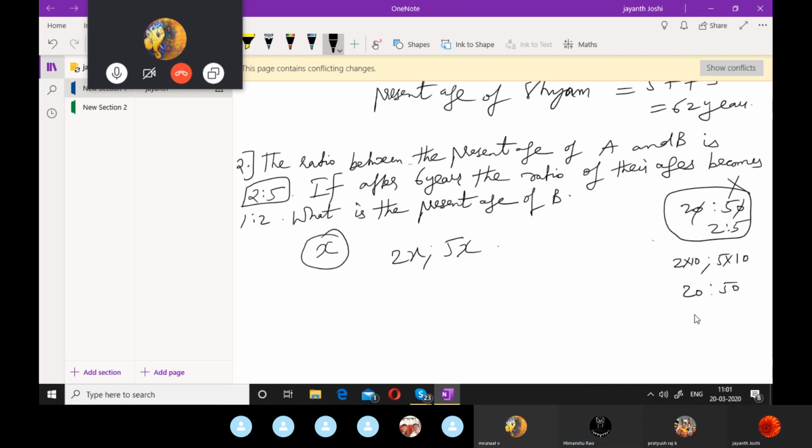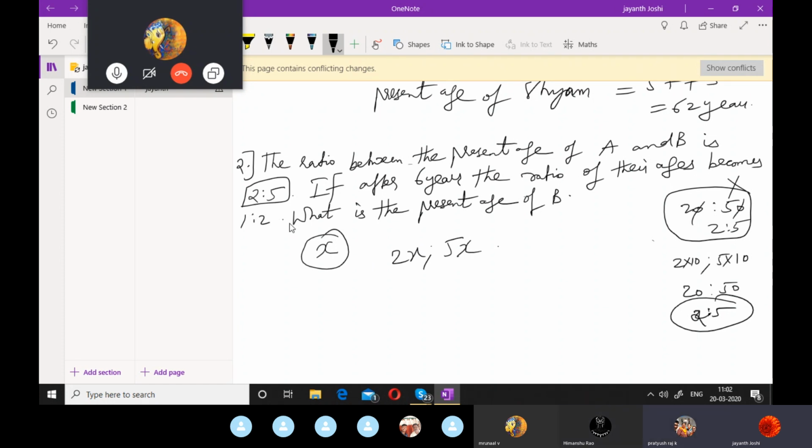Yes. So what I mean to show you here is that you can break the ratio by multiplying with the variable. That is called a variable, which means it can be any number. In the future, whenever you get the x value, that x value we are assuming as x, and we are breaking the ratio.